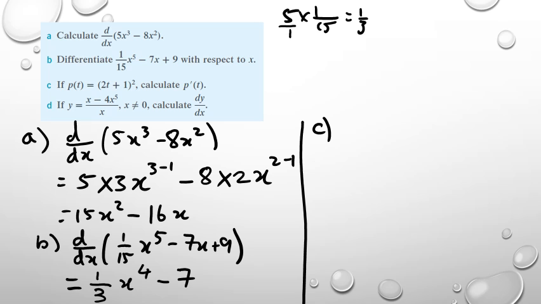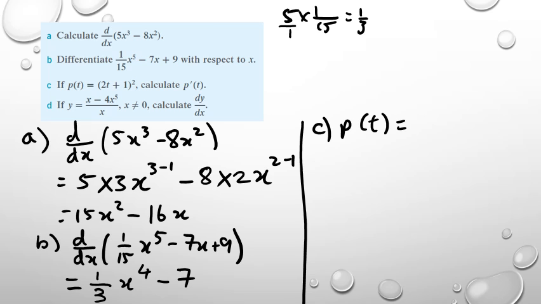C. Now, this is written in that f of x notation, but we have a p and a t. We still do the same thing. We write p dash of t. Now this means we're differentiating in terms of t. Now there is a technique that we can differentiate that with.